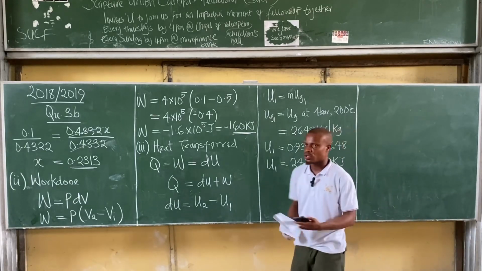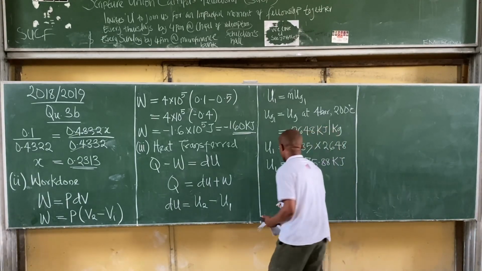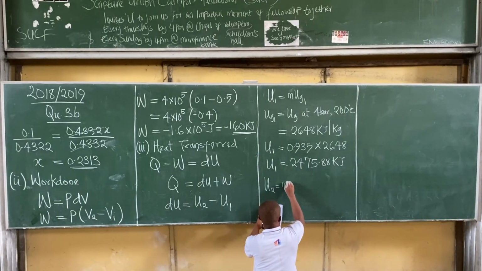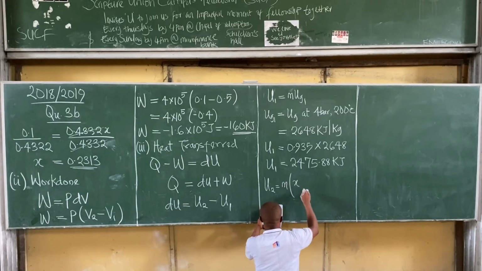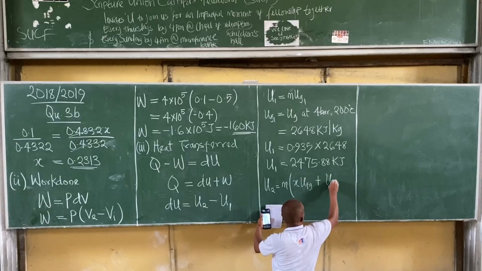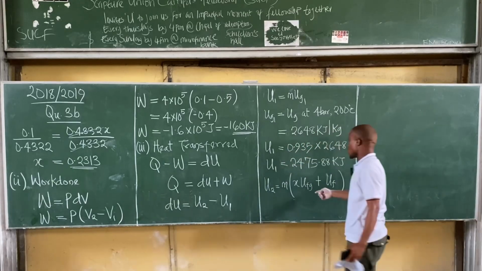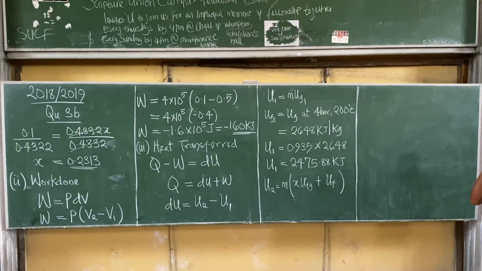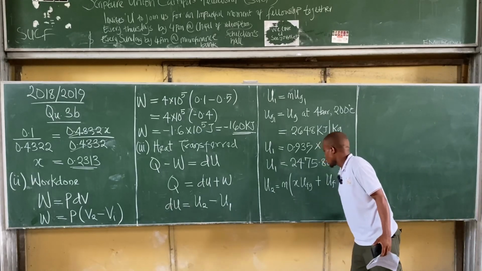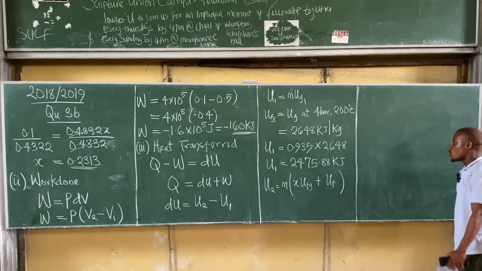Now, for our saturated steam, we know that U2 equals m bracket x UFG plus UF, right? So this was given for the internal energy of a saturated steam. So what do we have?